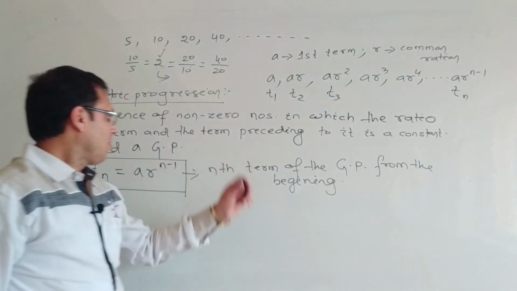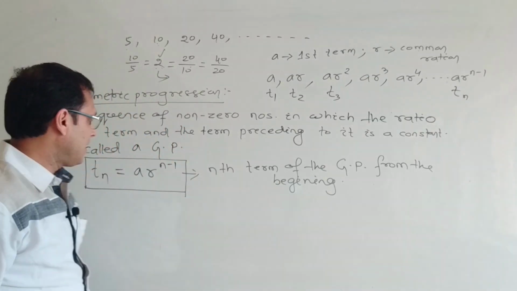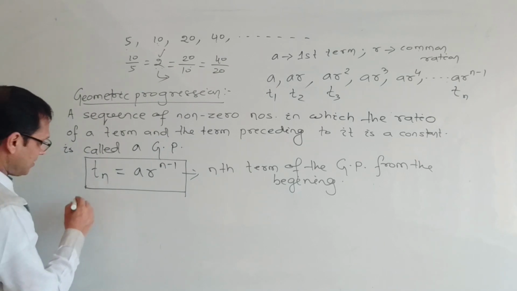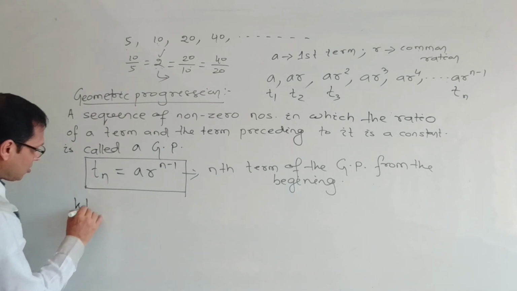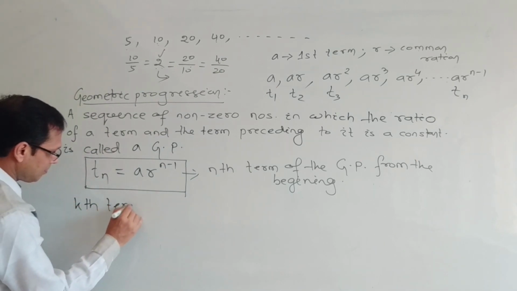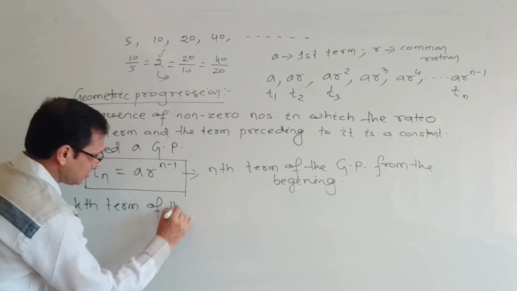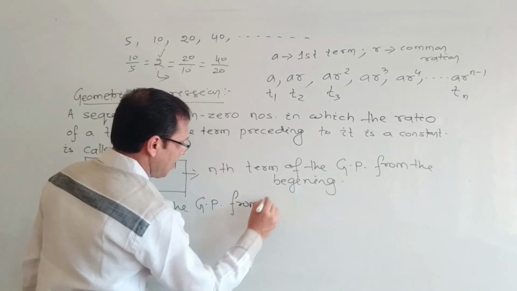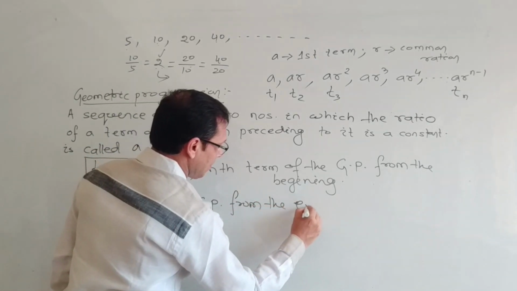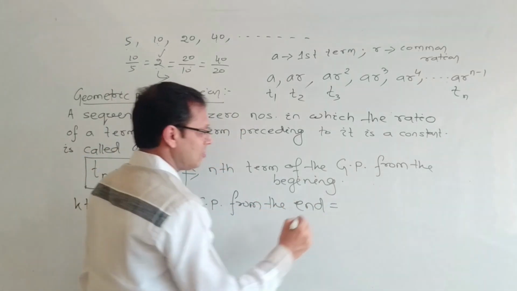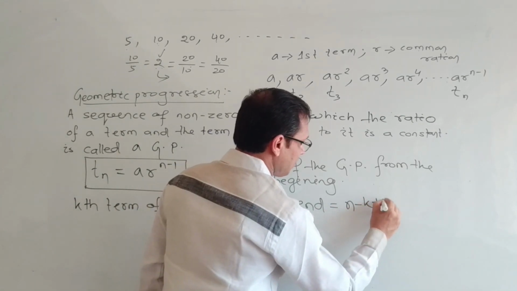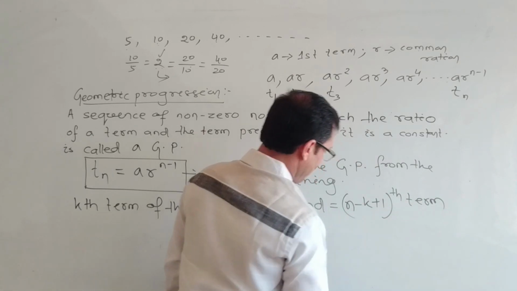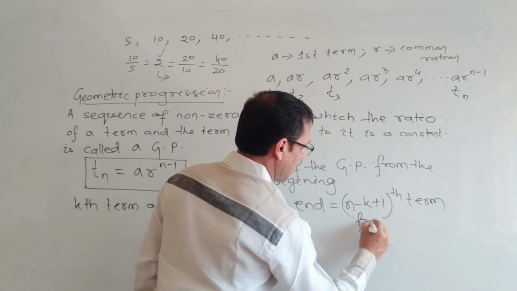But if you ask what is the kth term of the GP from the end, it is equal to the n minus k plus 1th term from the beginning.